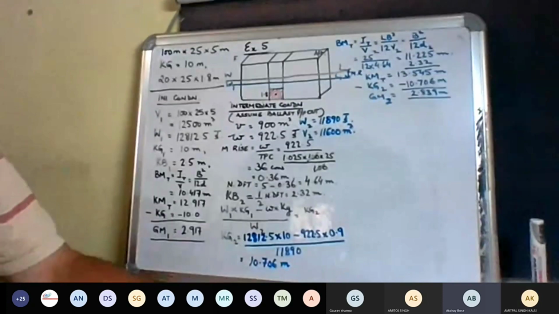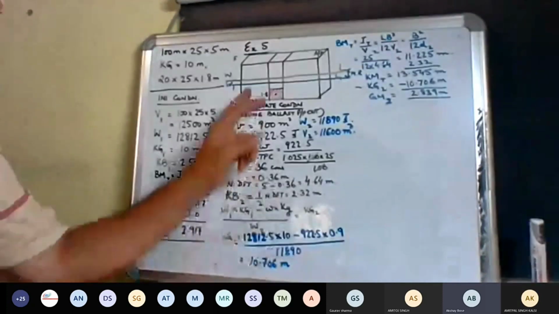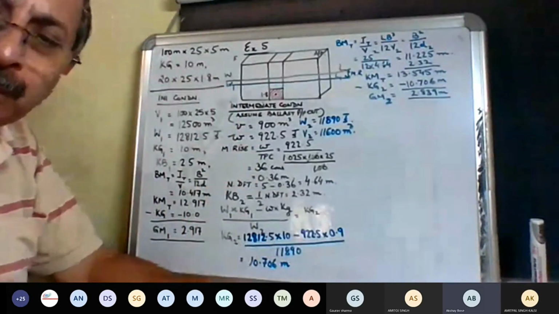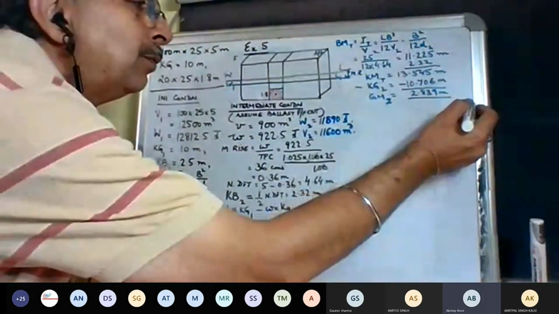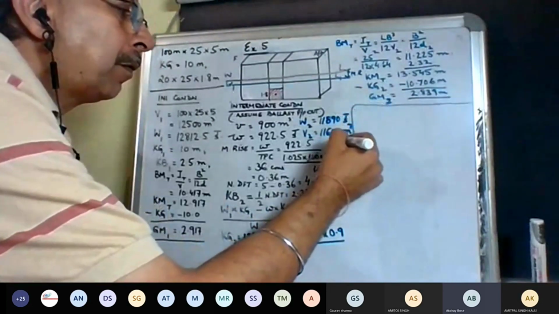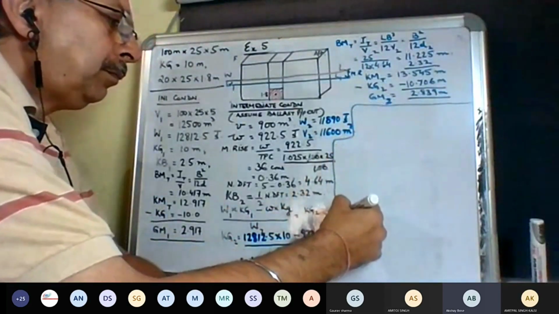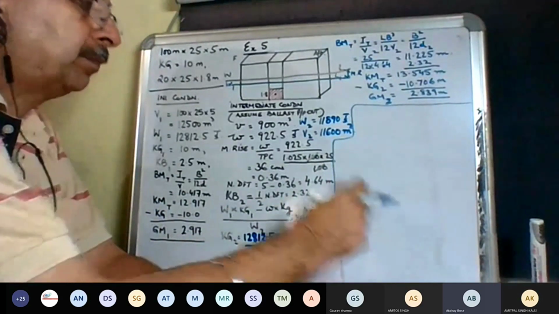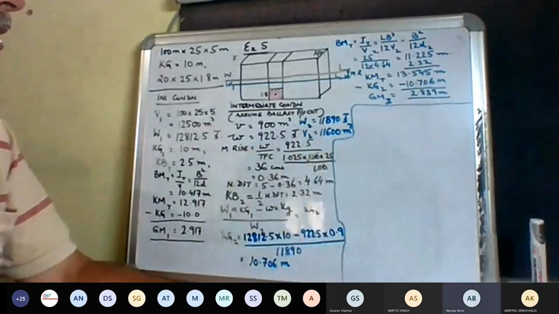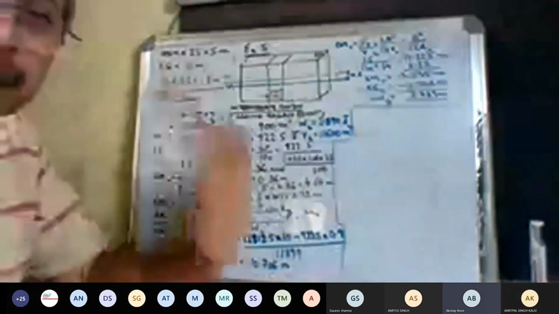So I have emptied the tank of the water. My tank is empty now. And since my tank is empty now, this becomes my initial condition of bilging.